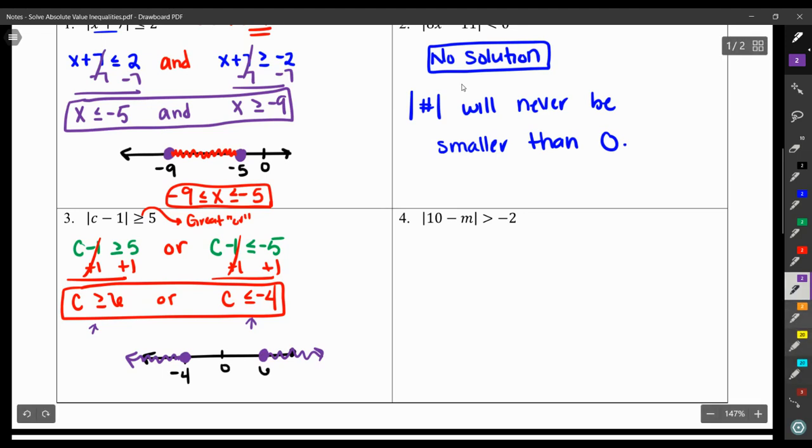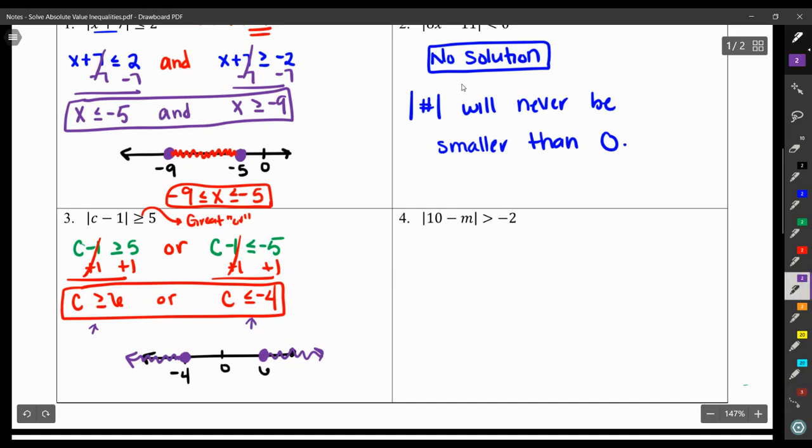Let's look at 4. 4 is the last one to get a basic idea of how this works. So for number 4, we have the absolute value of 10 minus m greater than a negative 2. So again, stop and think about what an absolute value does. An absolute value takes everything negative and turns it into a positive. So if we are saying that the result of this needs to be larger than a negative number, that happens all the time, because all the positives will always be larger than any negative number you have.